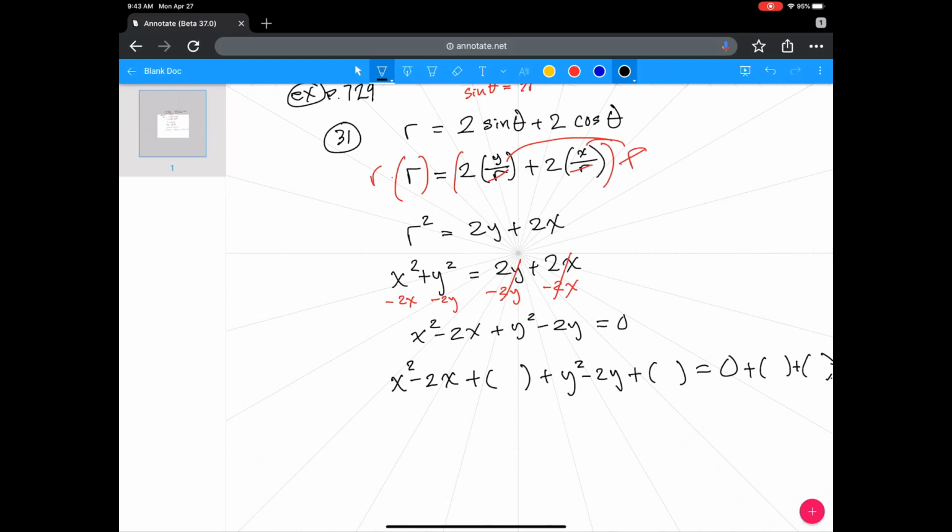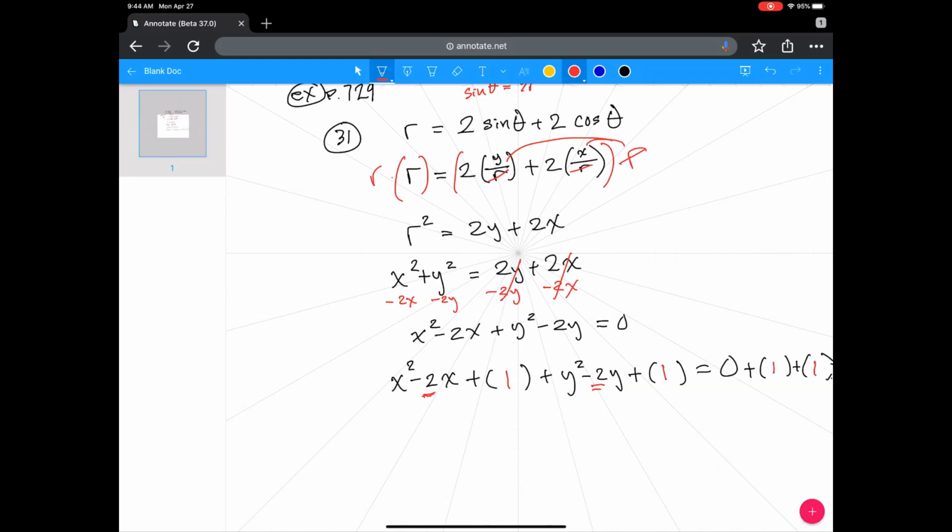So then we have to add in the number that would complete the square, and the way we do that is we look at the middle term's coefficient, in this case the -2, and you take half that number and square it. So half of -2 is -1, and if I square that I get +1, so that means I would add in a 1 here. And similarly, in this one, -2 is the same number, so I would add in the same number to complete the square, and then I would need to do that to both sides.